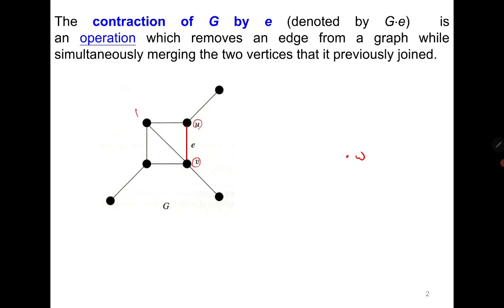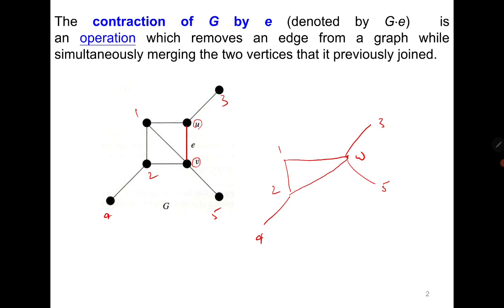You can give the other names here 3, 4, 5, and then you have UV. So you replace UV by W and then all the edges which are adjacent to UV must be adjacent to W. So 1 is adjacent to U, so it must be adjacent to W, then 2 is adjacent to V, so it goes there. 1 and 2 itself are adjacent, 2 is adjacent to 4, W is adjacent to 5, W is adjacent to 3 because U is adjacent to 3 and V is adjacent to 5.